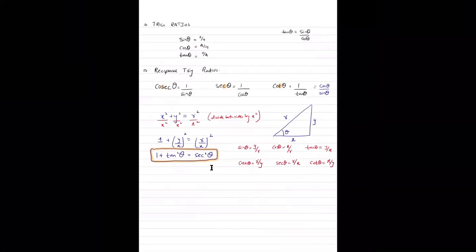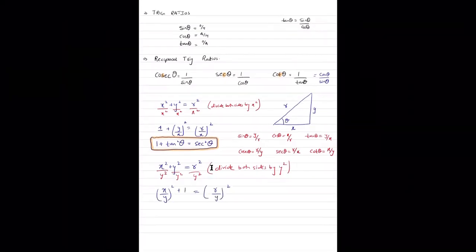The other identity is derived in a similar way, but instead of dividing x square plus y square equals r square by x square, we are going to divide it by y square. Divide both sides by y square. If you divide both sides by y square, you are going to get x upon y the whole thing square plus 1 equals r upon y the whole thing square. So what is x upon y?